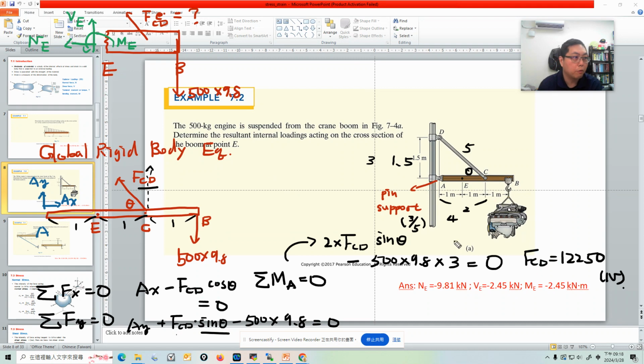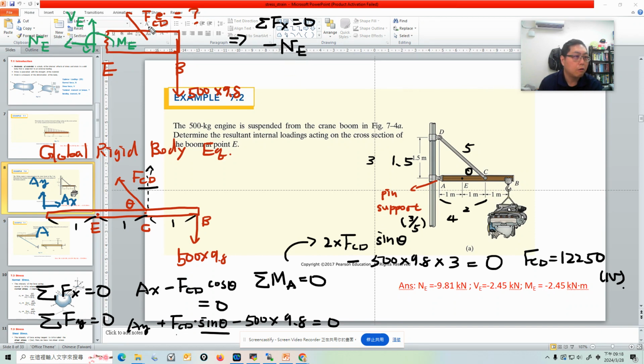Now we can use FCD and go back to the free body diagram at the EB section to calculate VE, ME, and NE. So it's a free body equilibrium again. Let's start from sigma Fx equal to 0. The x component force NE is pointing to the left, so minus NE.